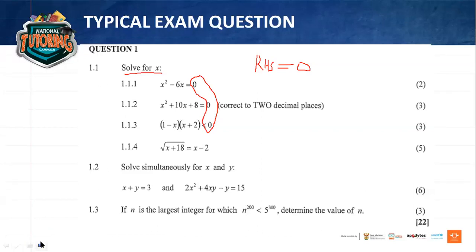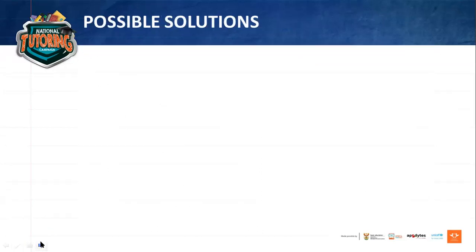So let's see how we can look at that one. We can try to find a possible solution to this. It was given to us that x squared minus 6x is equal to 0.